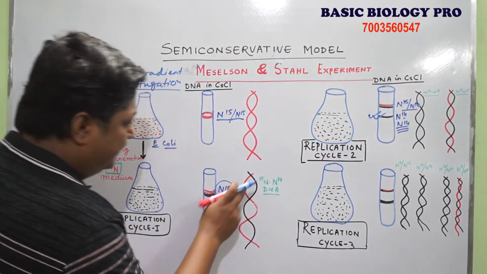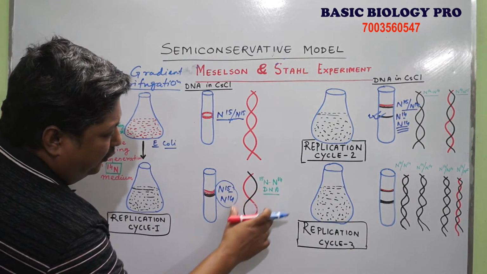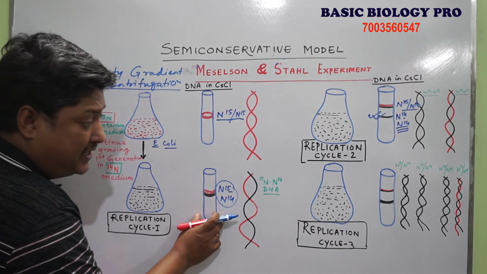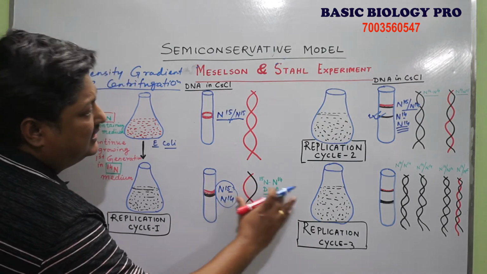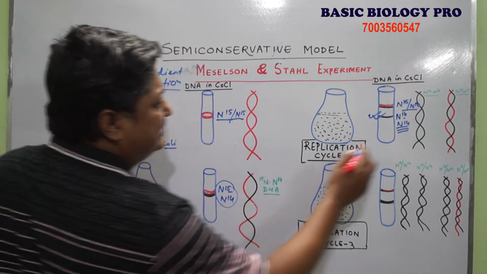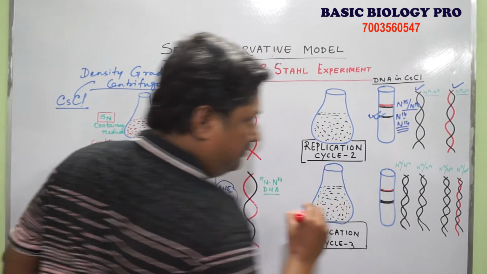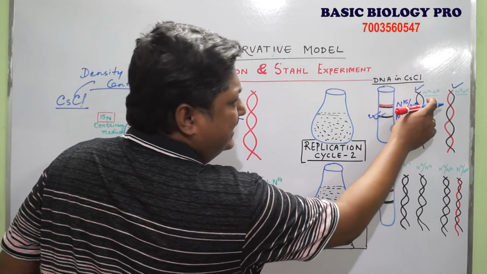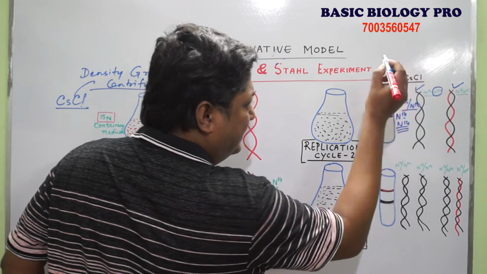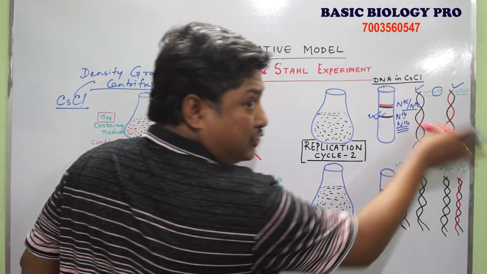So here we see the diagram. In the case of the N15N14 hybrid, the band appears here, but after the denaturation the new strands are like that: the newly synthesized strand is labeled with N14 and the hybrid band also exists.